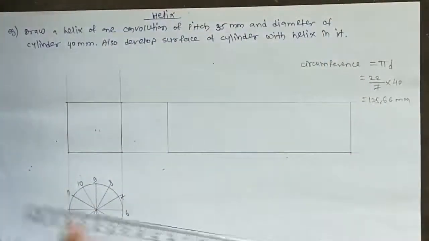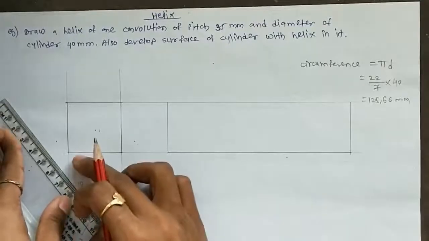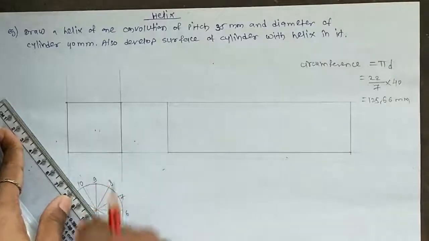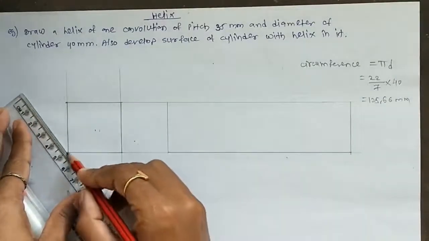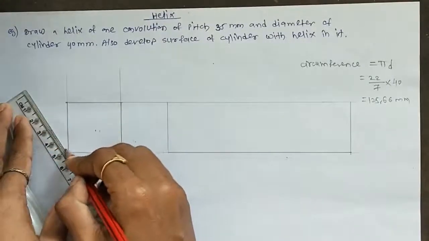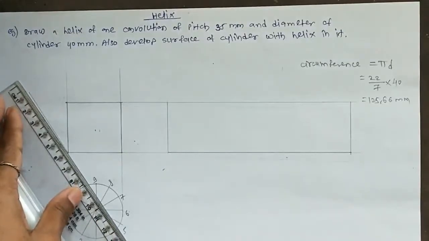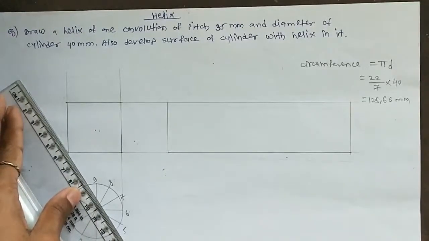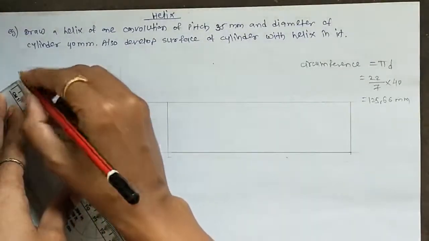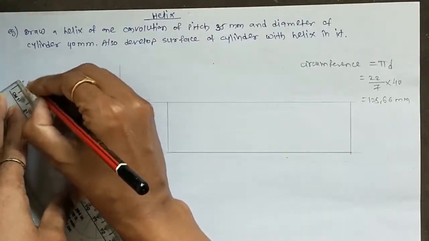Now divide this line into 12 equal parts. So draw any line inclined at any angle, take random angle, and having a distance of 0.5 mm. So I will take total length of 6 mm and each distance of each point at a 0.5 mm from each other.